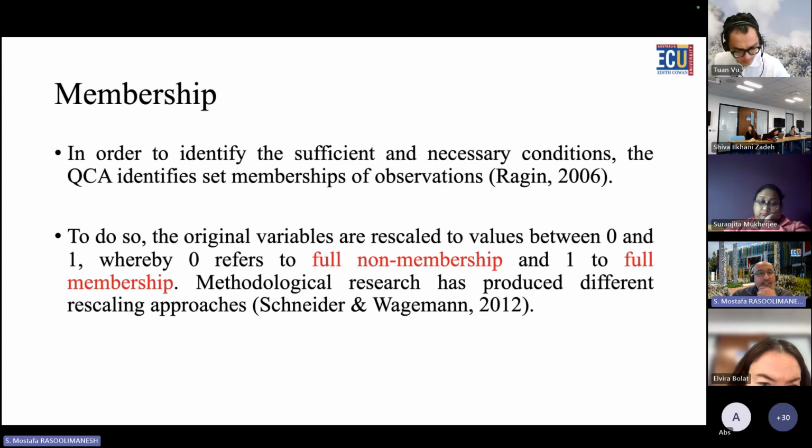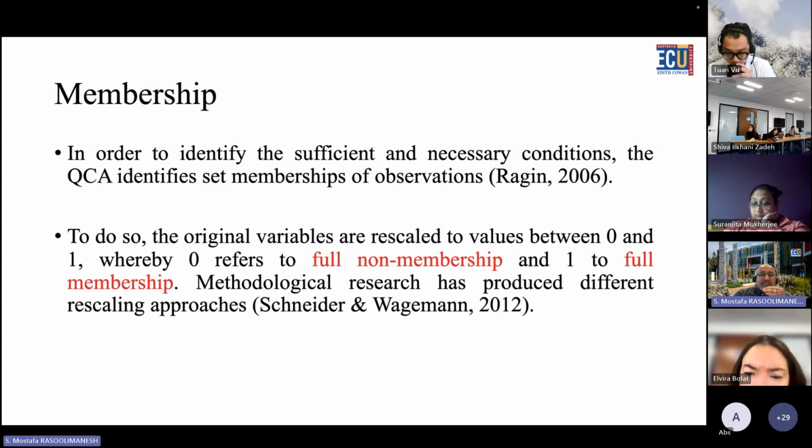For QCA, first we need to identify membership. Membership means we need to assign values between 0 to 1 to our data and rescale our data between 0 and 1. 1 means full membership of a data to a specific group, and 0 means full non-membership.